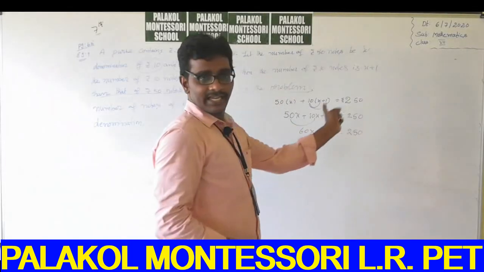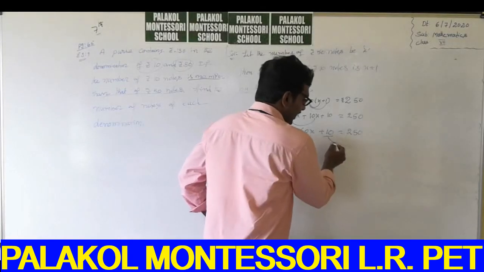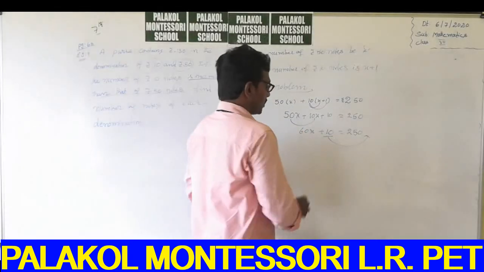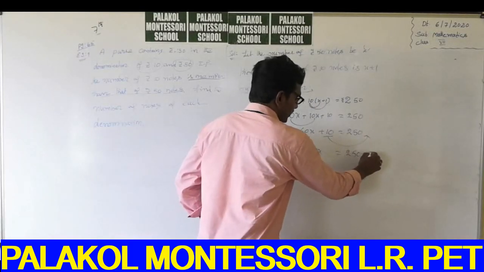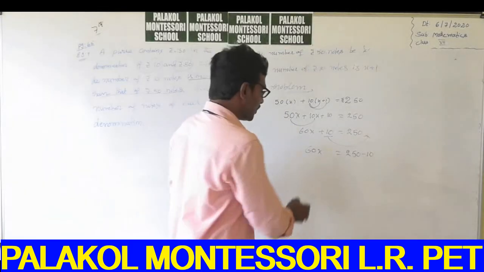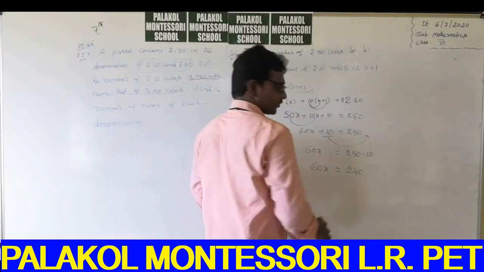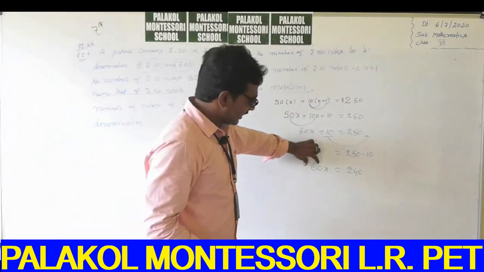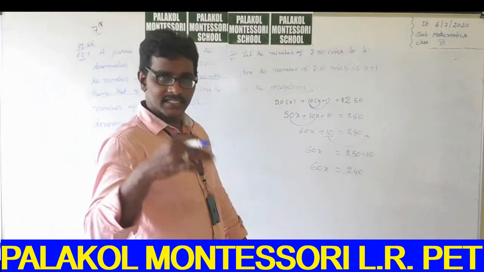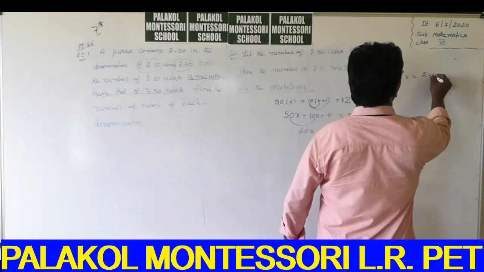Plus 10 on the LHS side, send that to the RHS side, so it becomes minus 10. So, 60x equal to 240. Now, you want the x value. 60 is multiplication, send that side as division, therefore x is equal to 240 by 60.